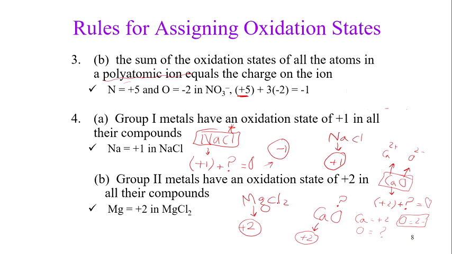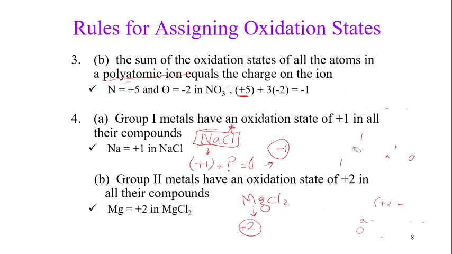How about MgCl2? Based on the rule, magnesium is 2 positive. So I'm going to write it 2 positive, plus I have 2 chlorine.